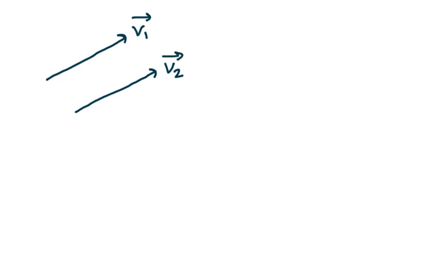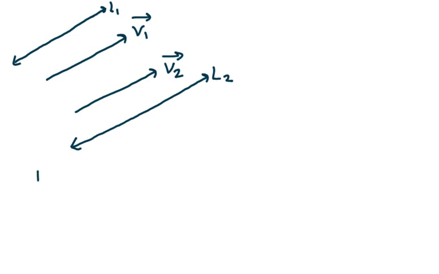Now, we've already established V1 is parallel to L1. V2 is parallel to L2. So I'm going to put L2 over here. If V1 and V2 are parallel, can we agree that L1 and L2 must also be parallel from the picture?